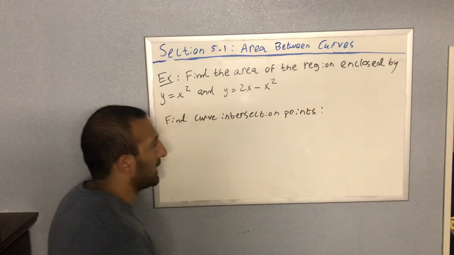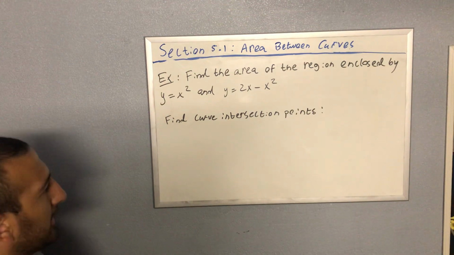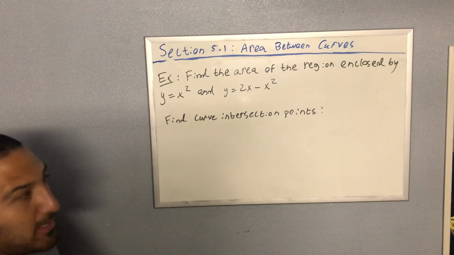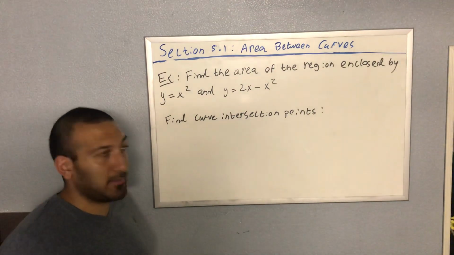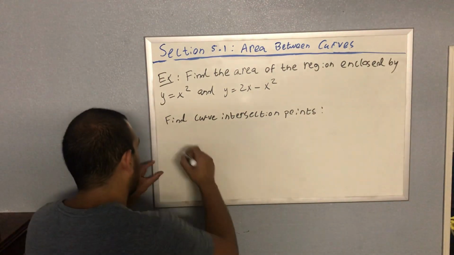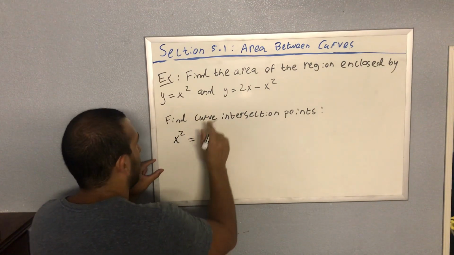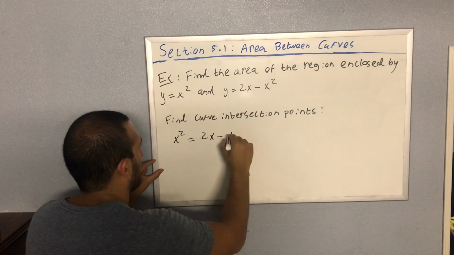Okay, so where do these guys intersect? What's the best way to find when two functions are equal to each other? Well, just set them equal to each other. So we're going to take x squared and set it equal to 2x minus x squared.